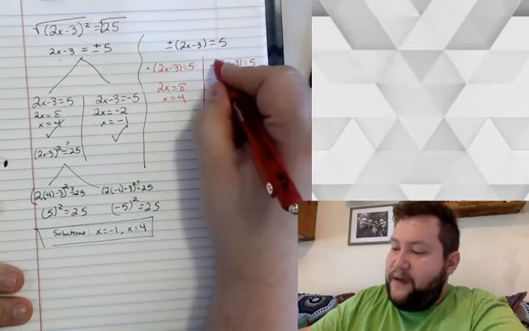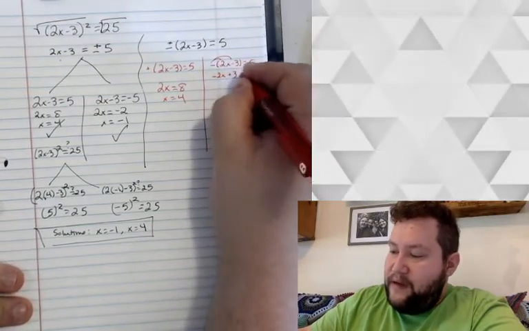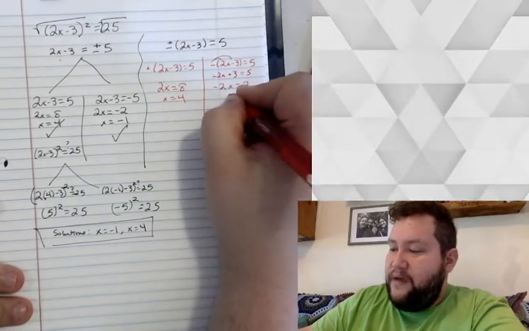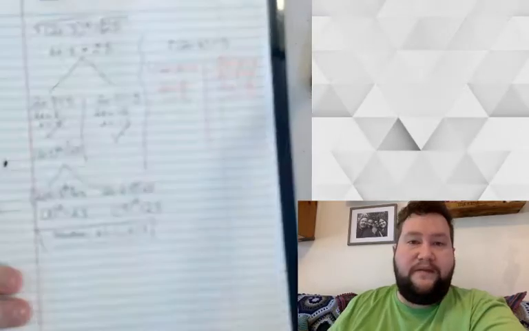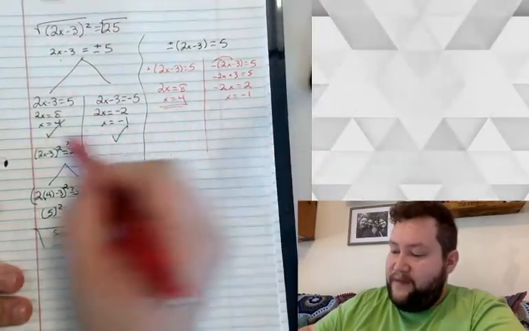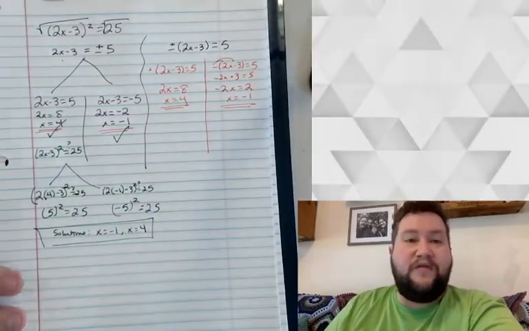And over here, let's go ahead and distribute this negative through. Negative 2x plus 3 equals 5. Negative 2x equals 2. x equals negative 1. Well, and look at that. x equals 4, x equals 4. x equals negative 1, x equals negative 1.